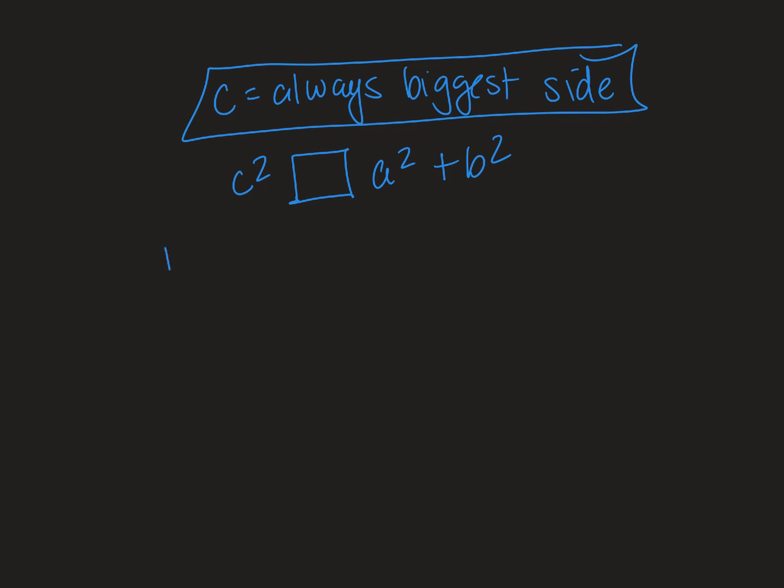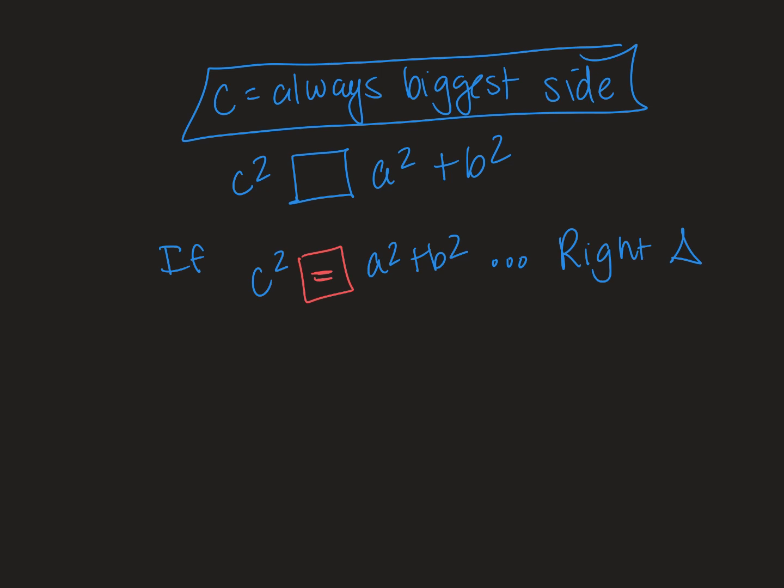So let's just summarize that down below. So we'll say if c squared equals a squared plus b squared, then you've got a right triangle.